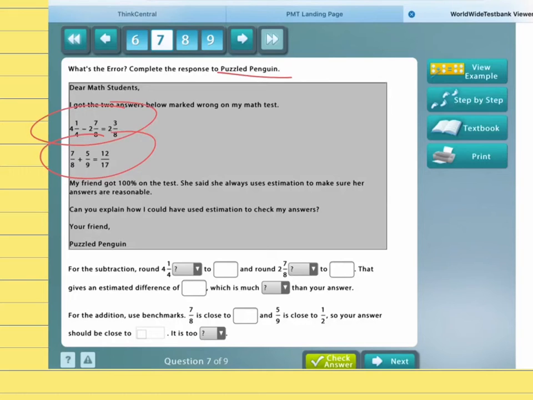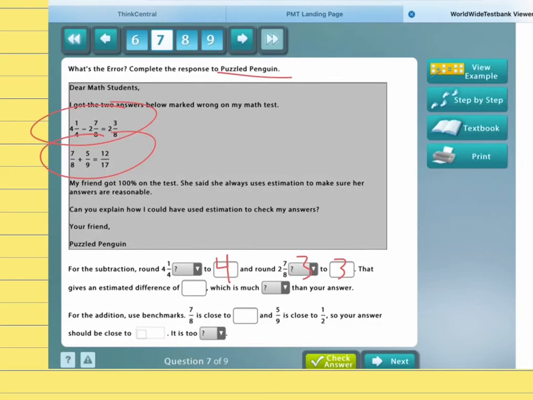And so it looks like he rounded not, actually sure what he did, but you should have rounded 4 and 1/4 to 4, and rounded 2 and 7/8 to 3.